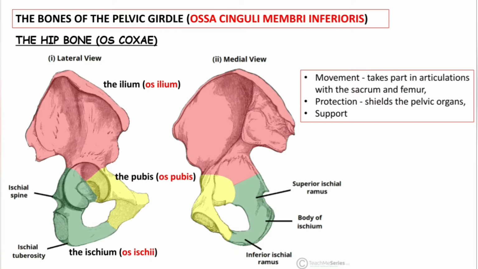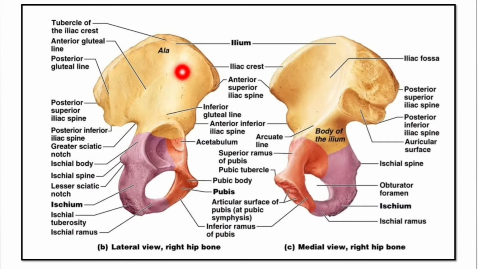Okay, so let's zoom in. Firstly, you can see the ilium here. It has the ala and the body. This one is the body of the ilium. On the external or lateral surface, you see some important lines.